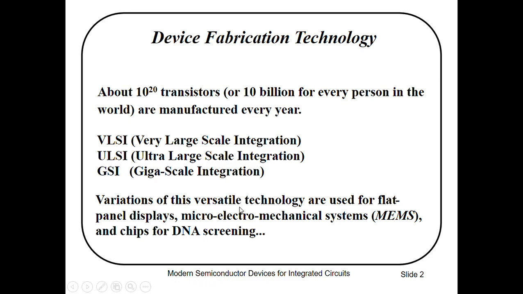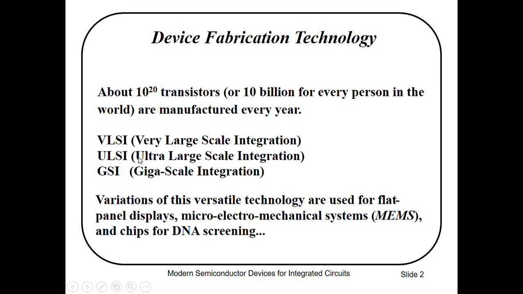The complexity or density of integrated circuits is sometimes described by the names LSI, VLSI, ULSI, GSI. LSI is large scale integration, with around 10,000 transistors. VLSI stands for very large scale integration, around 1 million transistors.